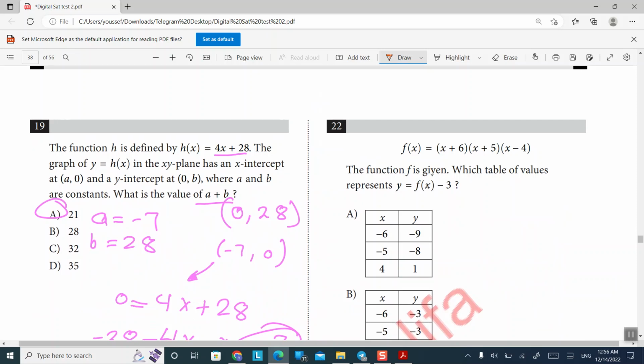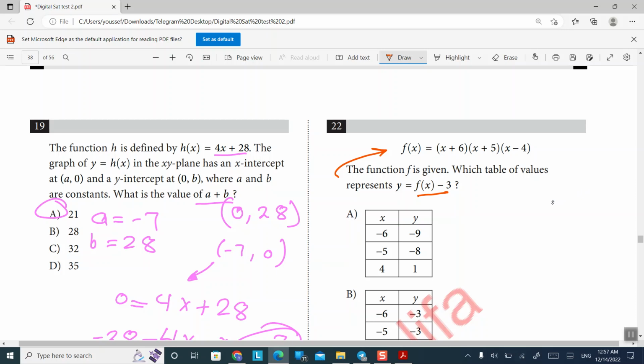The function f is given. Which table of values represents f of x minus 3? In this function, all he did is shift the function f of x 3 units down.